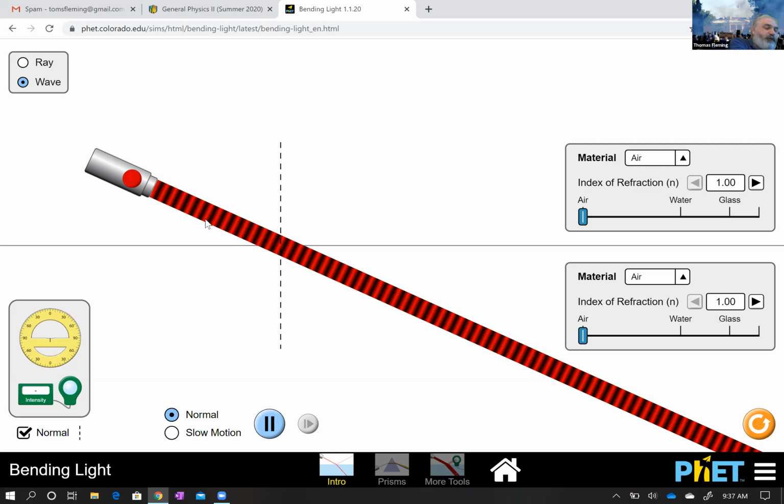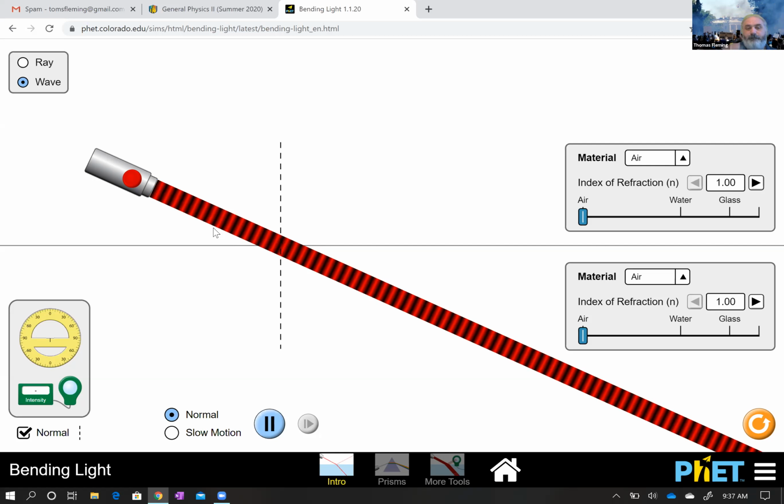If you were able to look at the side of this beam, you'd have the electric field, let's say, would be sinusoidal. It would be moving at the speed of light, which is pretty fast, to the right.